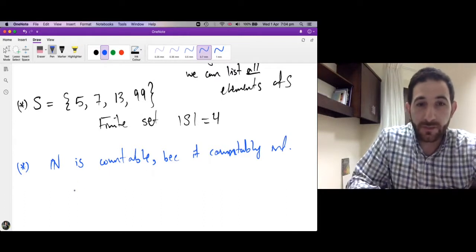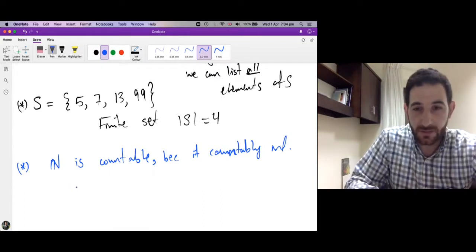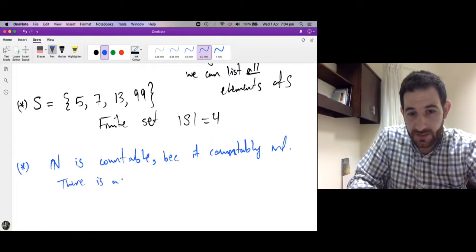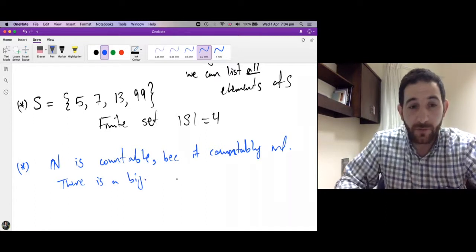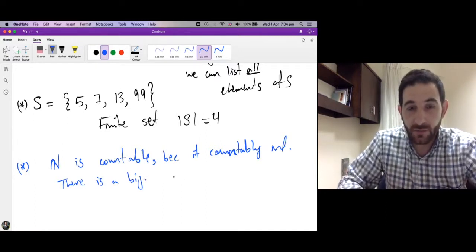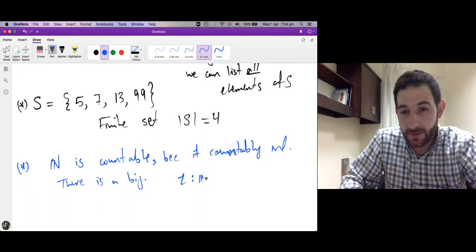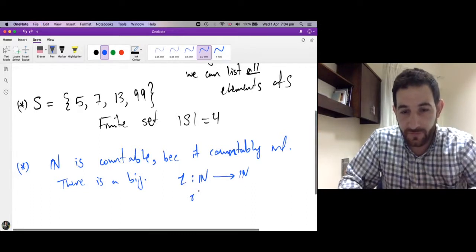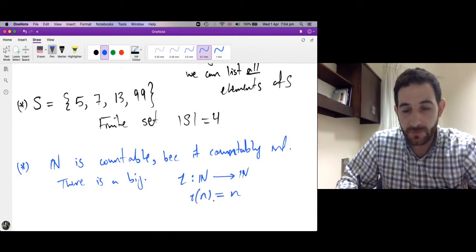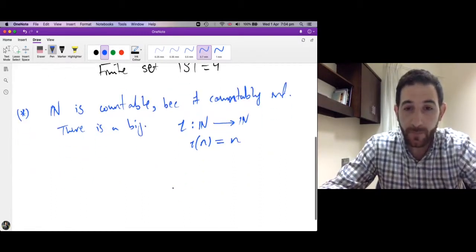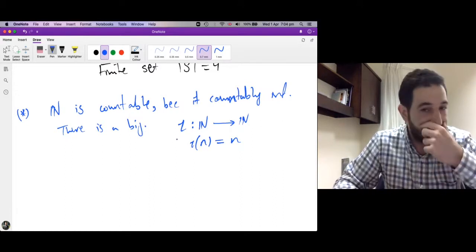Because there is a bijection from N to itself, and one example, the easiest one, is the identity function. So this is iota from N to N, which sends iota of n to n. So iota of 0 is 0, iota of 1 is 1, iota of 2 is 2, and so on. You can check that this is injective and surjective.